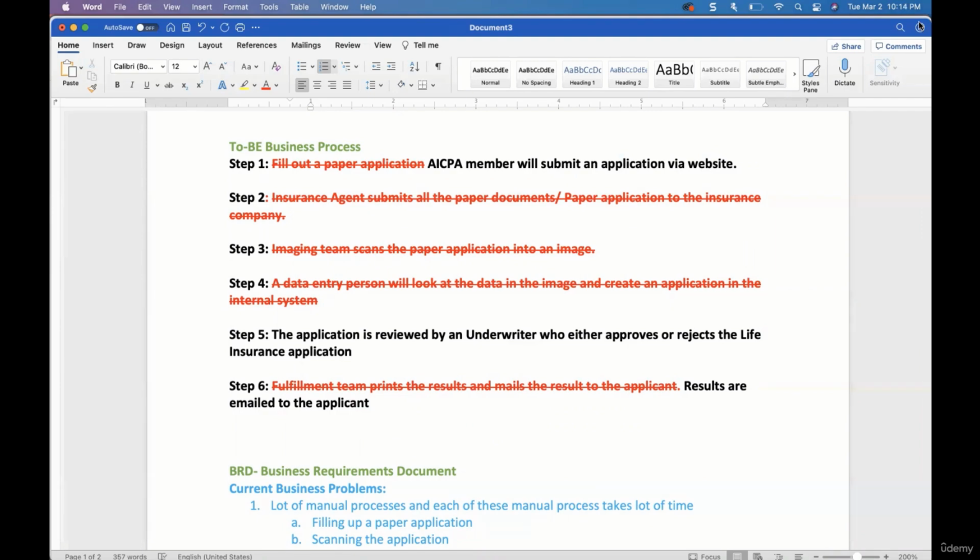The customer will have to submit the application via website, right? Yeah, that's true. Once the application is in the system, then only the underwriter would be able to review that. Correct. But I want you to understand what we're trying to discuss, right?